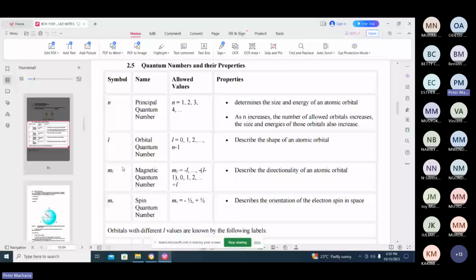So if we go to D, which takes a value of L equals 2, what will be the values of the orbitals in D?